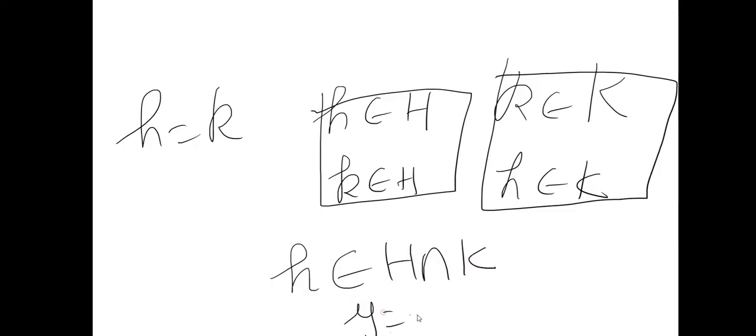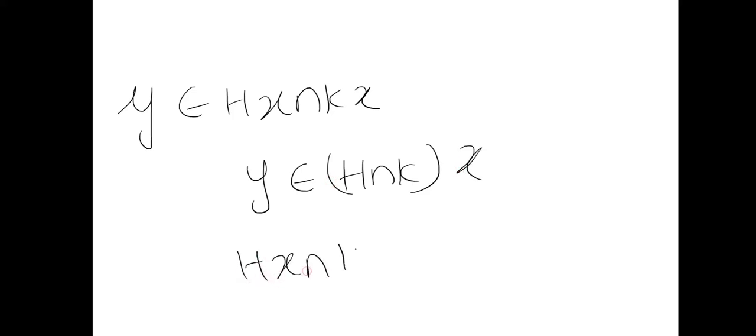That is, y is equal to hx. Now, h is there in H intersection K, that is, y is there in H intersection Kx. So I initially took y in Hx intersection Kx, and now I have y belonging to H intersection Kx, which I can say means Hx intersection Kx is a subset of H intersection Kx.